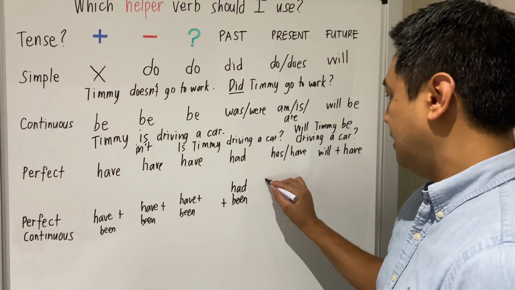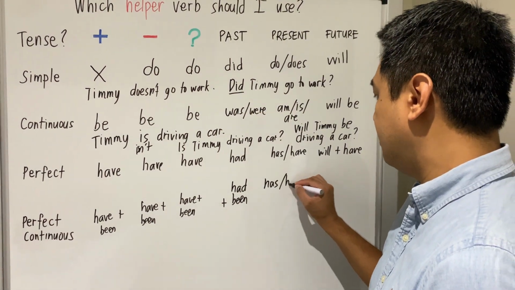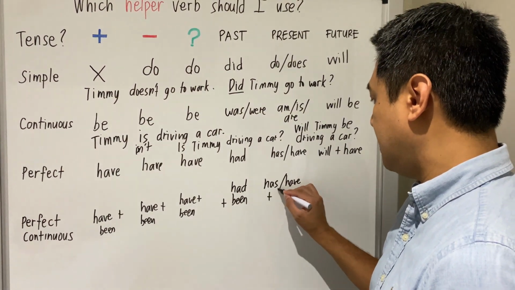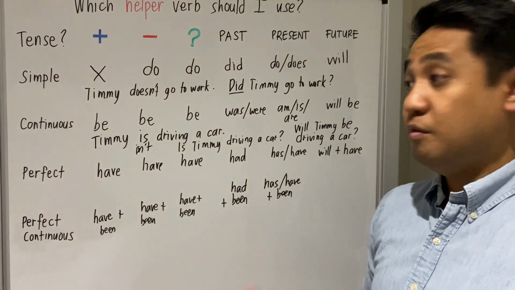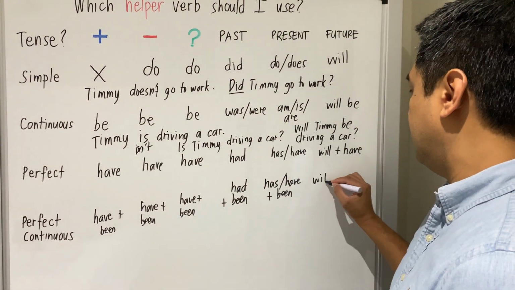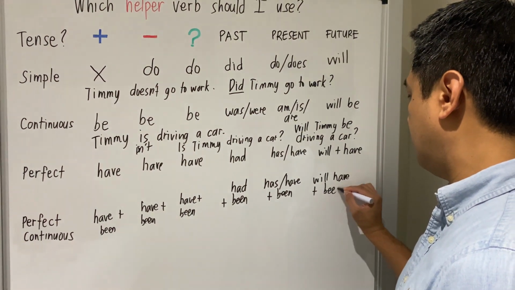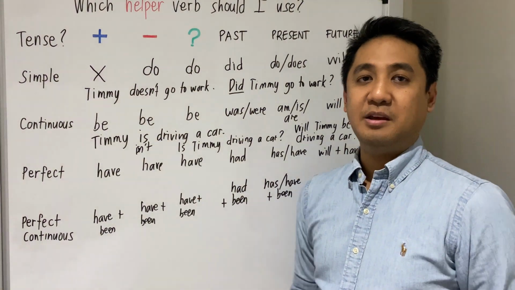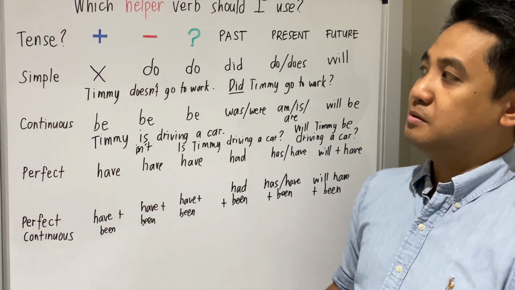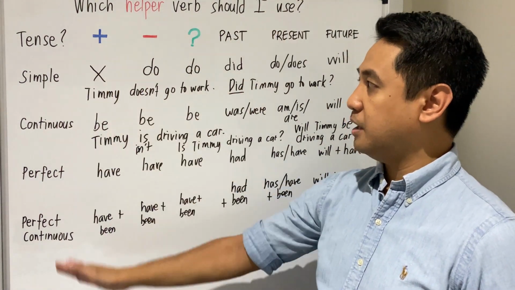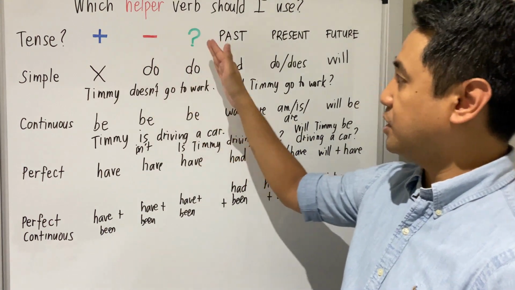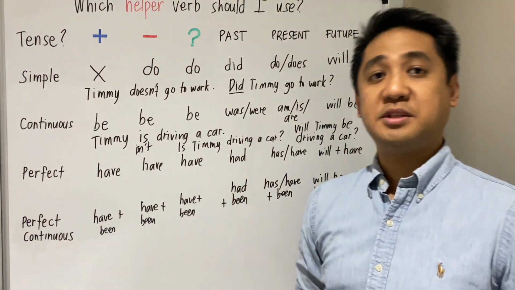Present, has or have plus been. Future, will have plus been. And that's it, really. All you have to do is consider the kind of tense you're looking at, positive, negative, or question, and the time that you want to express. That's it.